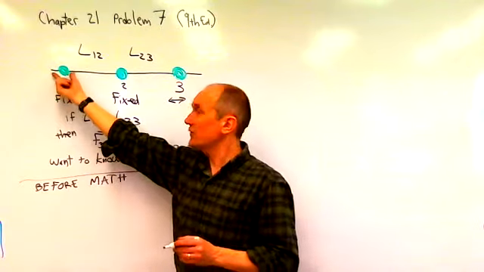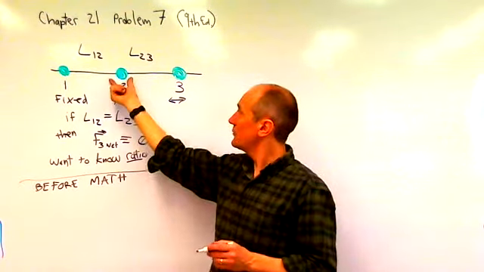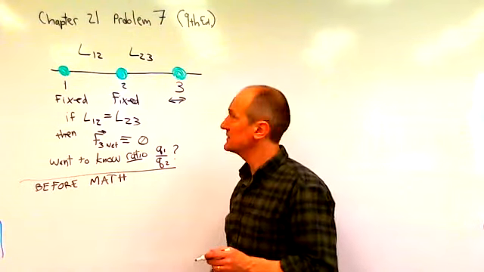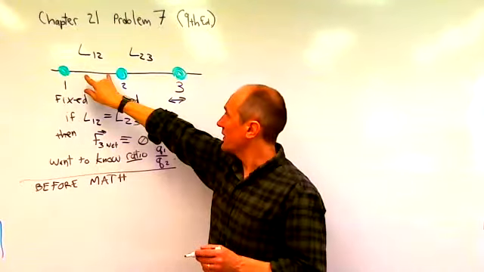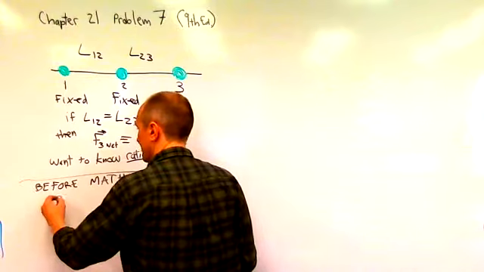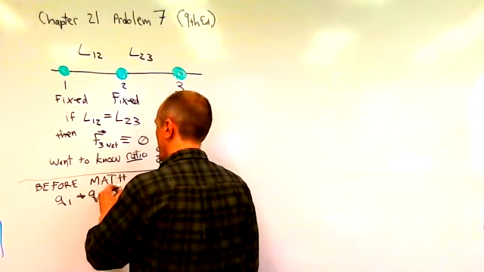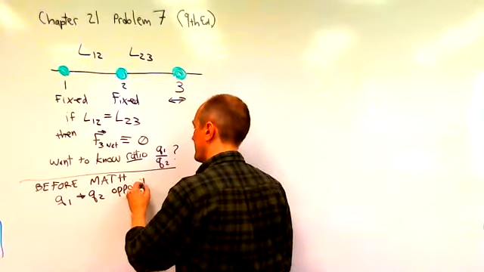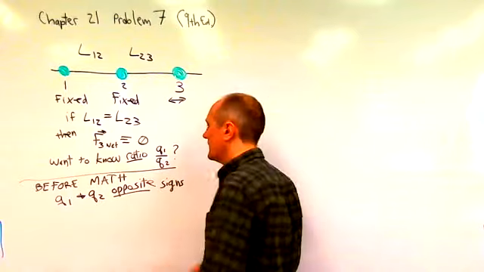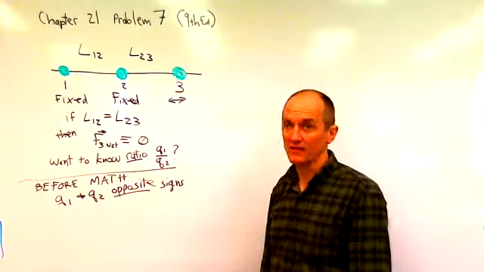For instance, if this one is attracting this one, then this one has to be repelling this one in order for them to subtract. If these were both attracting or they were both repelling, then the net force would not be 0. So we know that they must have opposite signs in order for the forces to cancel out.